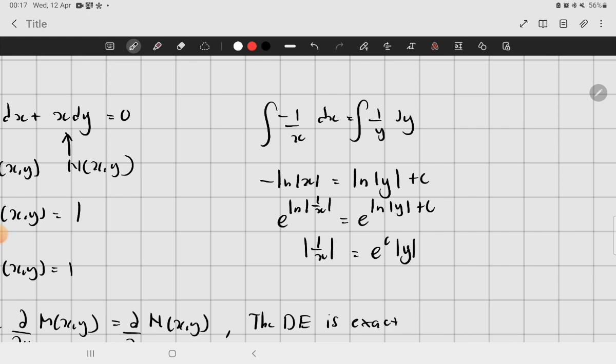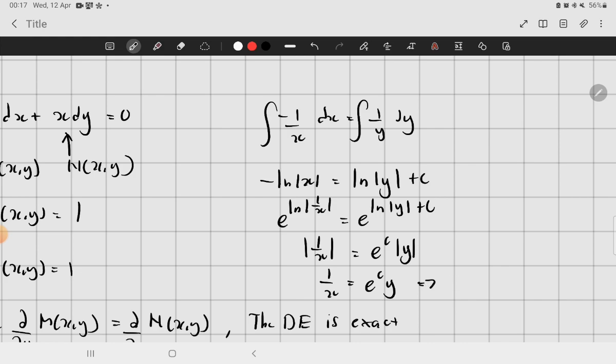And now you can get rid of the absolute value. Well, since both of them are having an absolute value, you can get rid of it instantly, because it doesn't matter, because if both sides are positive and both sides are negative, then it will cancel out one another. So you are left with 1 over x is equal to e raised to power c y.